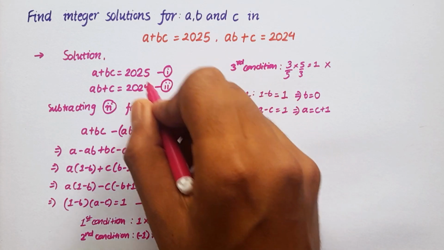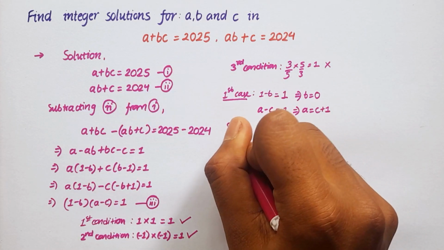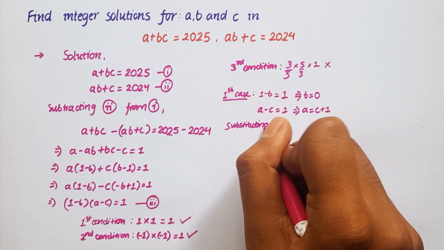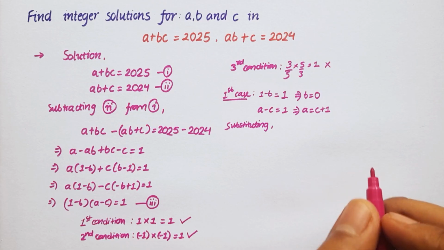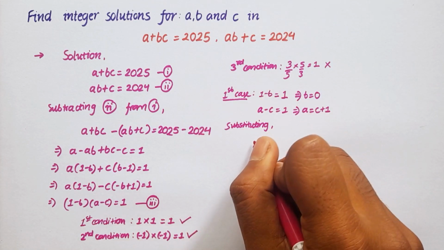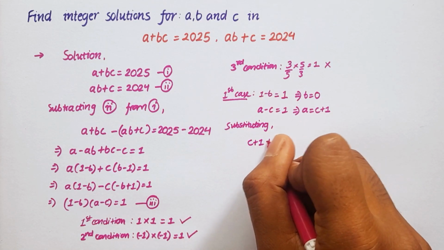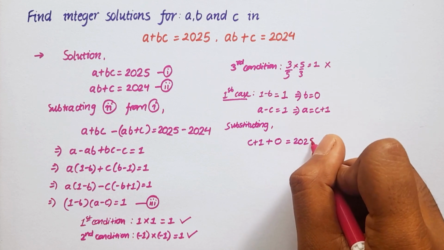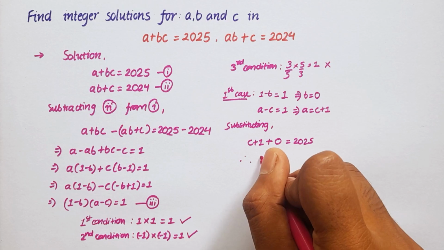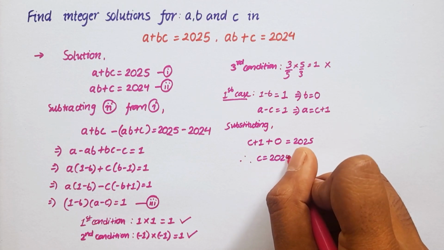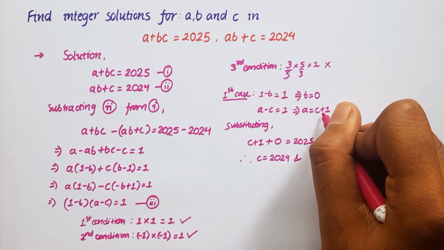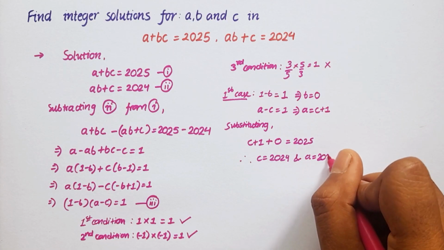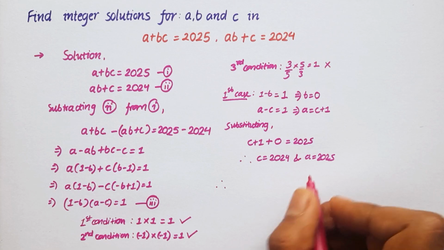So let's say I substitute in equation 1. Substituting, what I'll get is c plus 1 plus c times 0 is equal to 2025, that would mean that c is equal to 2024, and substituting the c value in this equation, we would have a is equal to 2025.